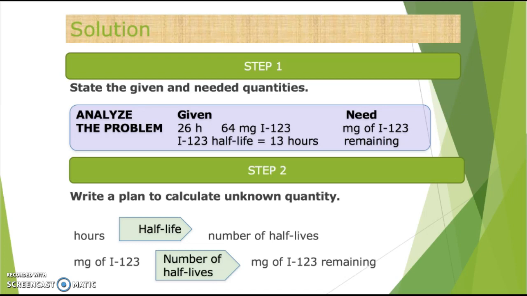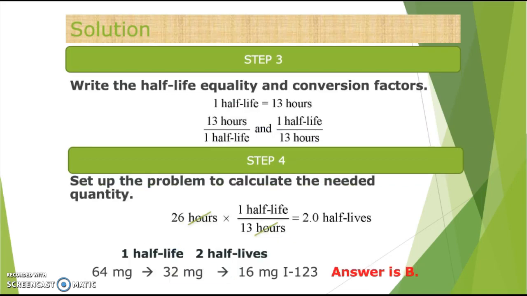So we have hours, we need to convert those to number of half-lives, just like what we did before, and then we convert the milligrams into how much remaining. So one half-life is equal to 13 hours. Now, if we have 26 hours, that equates to 2 half-lives. So you convert it using the conversion factor coming from the half-life equivalency.